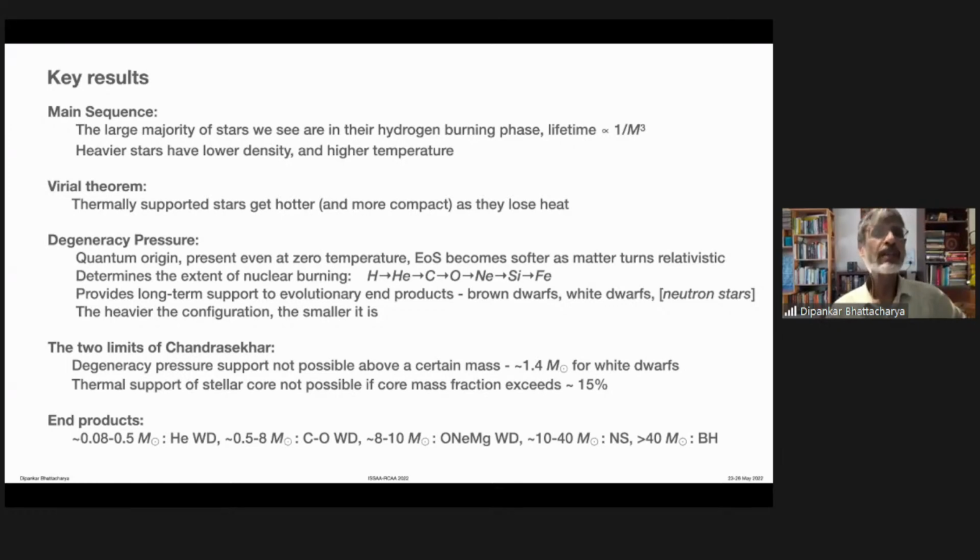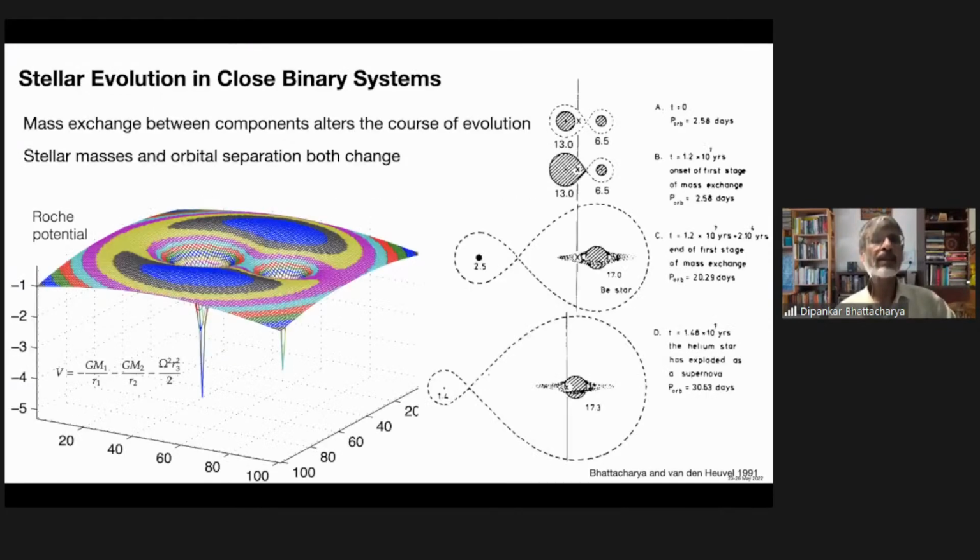But in nature, there is also another factor that affects stellar evolution very significantly, and that is closed binary systems. I'll not go into the detail of it, but if you have two stars orbiting each other in a binary system, then their combined potential well looks like this, where there's a potential well at each of these stars, but there is also a bridge connecting the two stars, which is lower than the centrifugal barrier that you will find around the binary.